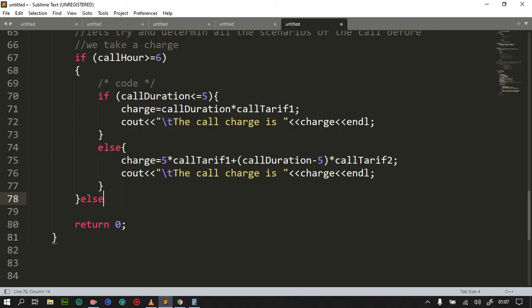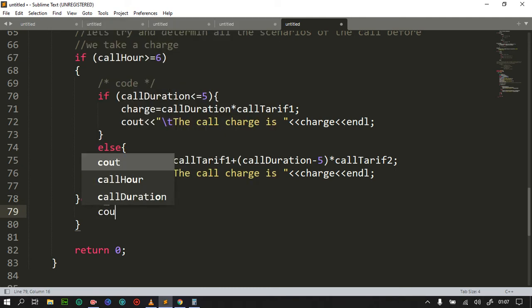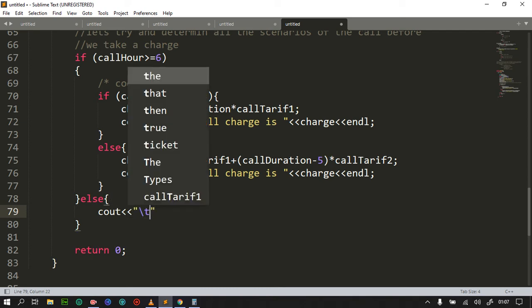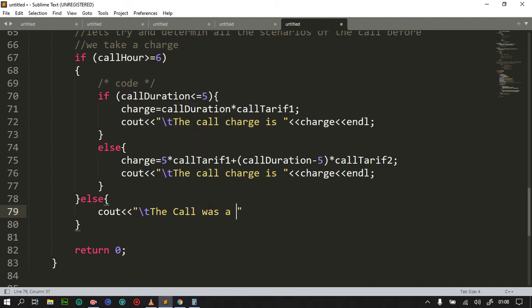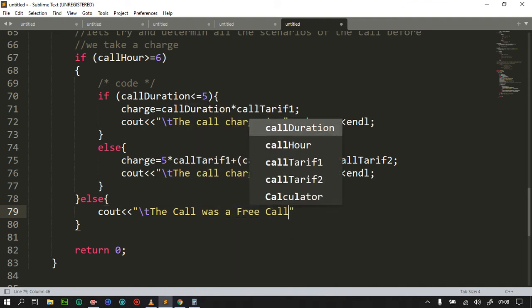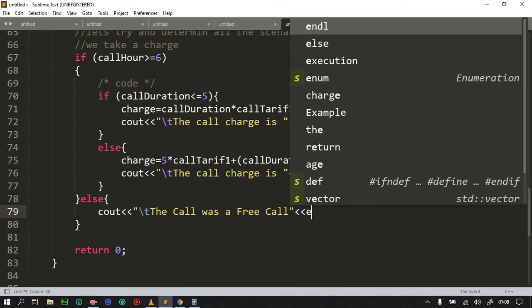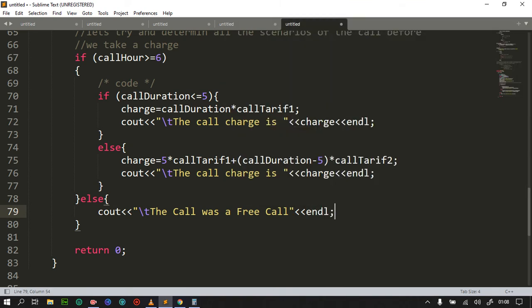So for the case whereby the other one is going to be, we shall say cout, the call was a free call. Can you imagine? The call was a free call.